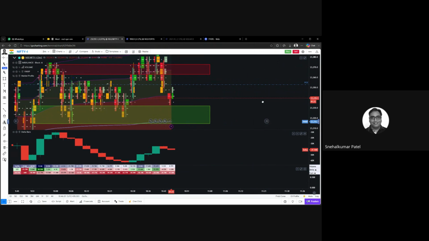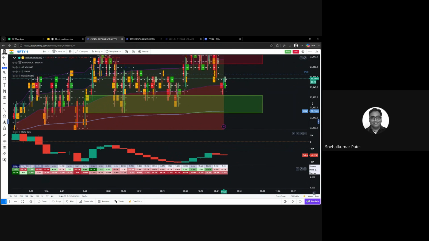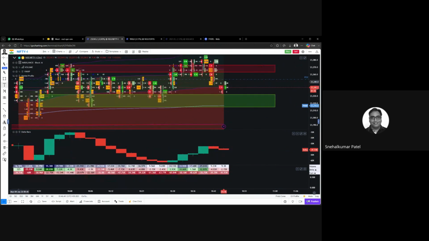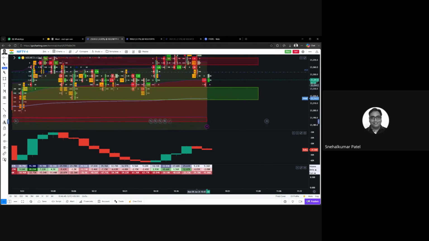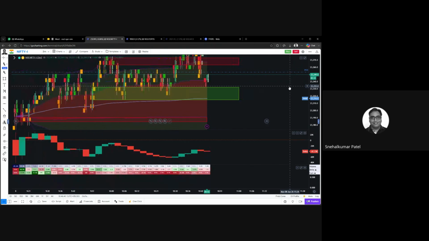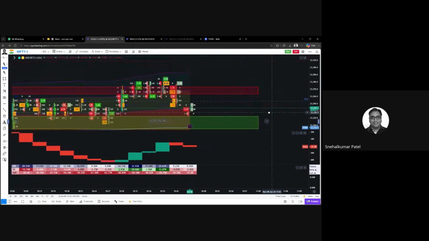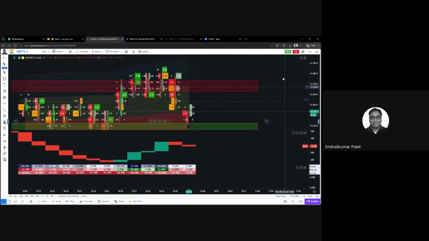It's 10:46. We have been looking at the chart since 9:15. Nothing significant has happened. It's a completely sideways market.